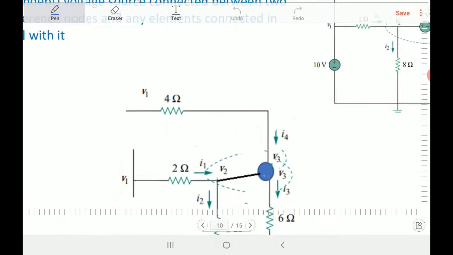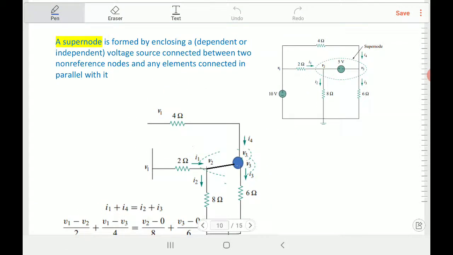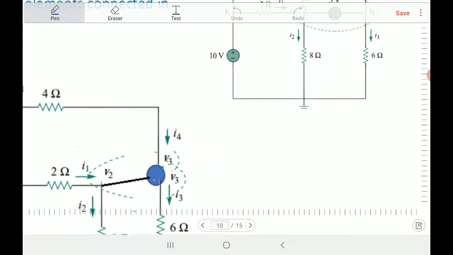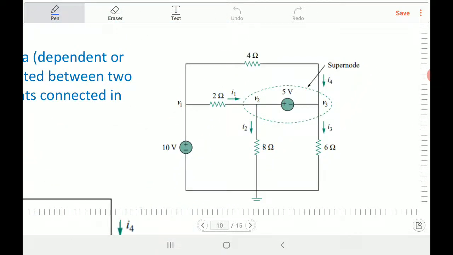Okay, now I'm going to explain a really different case. Sometimes you have the voltage source not connected to the common node or to the ground.